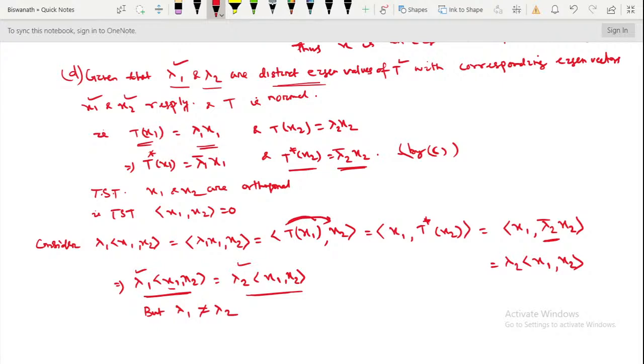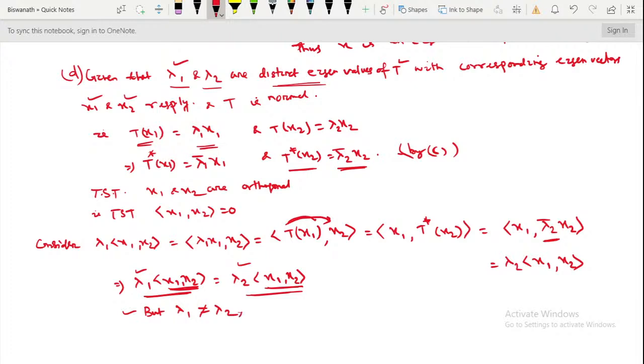But lambda 1 into this thing is equal to lambda 2 into this thing. So this is only possible if the inner product of x1, x2 is 0. If this thing is 0, then lambda 1 into 0 is 0 and lambda 2 into 0 is 0, then both are equal.